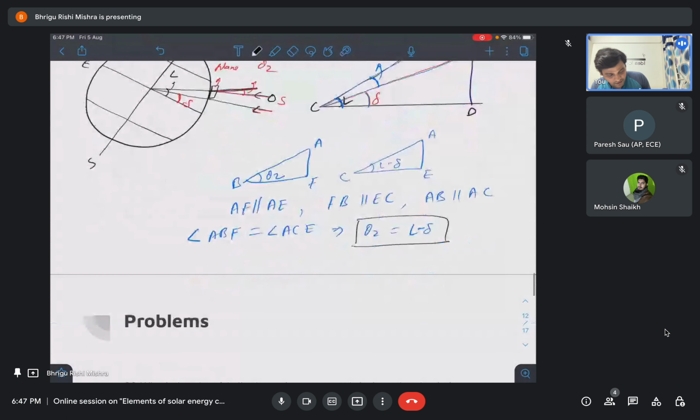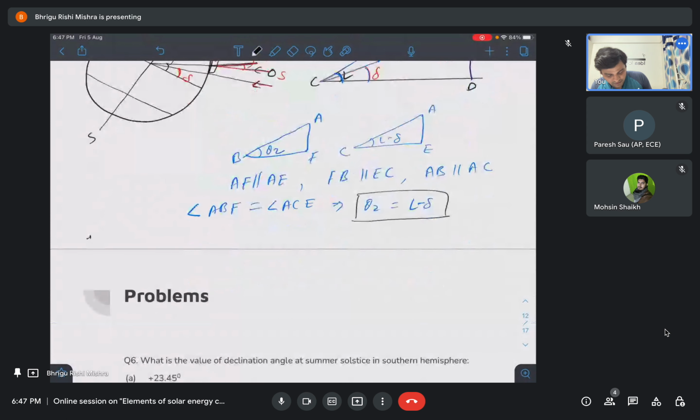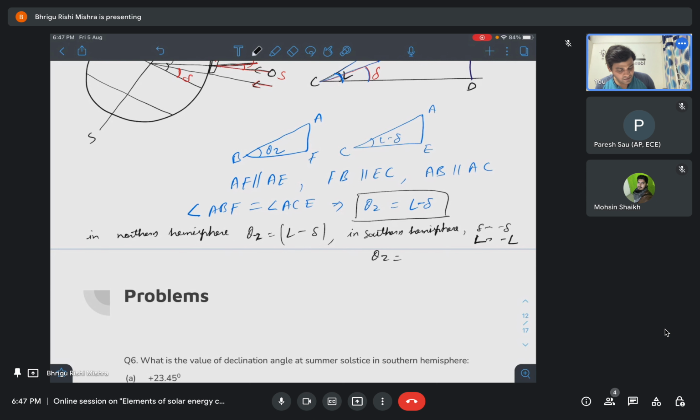Now in the northern hemisphere, theta z equals L minus delta. In the southern hemisphere, delta will be minus delta and L will be minus L, so theta z will be minus L plus delta.